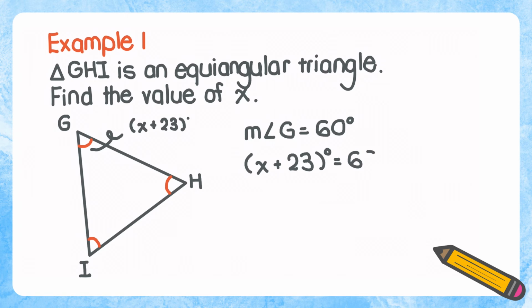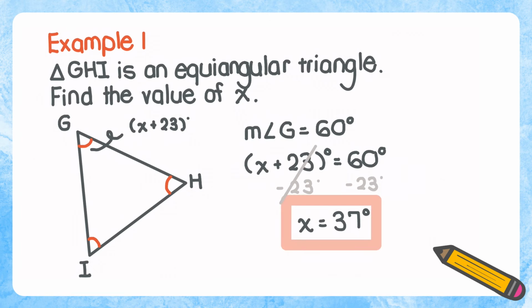So we set this equal to 60 degrees. To solve for x, let's subtract 23 degrees on both sides. We calculate 60 minus 23, and we find that x equals 37 degrees. We were able to solve for x using the fact that this triangle is an equiangular triangle.